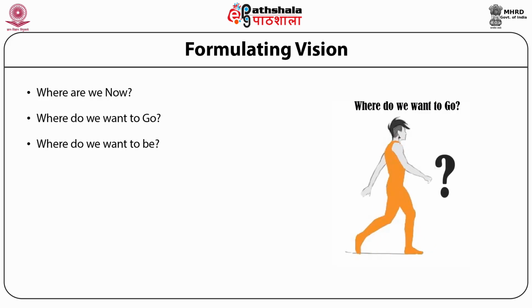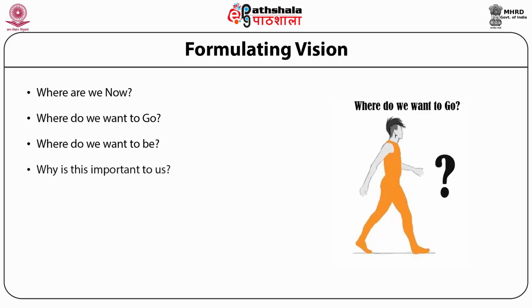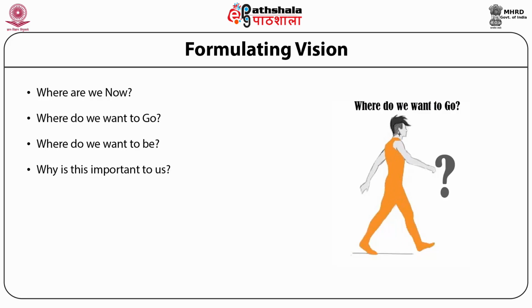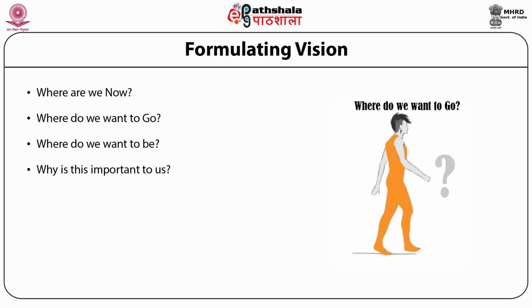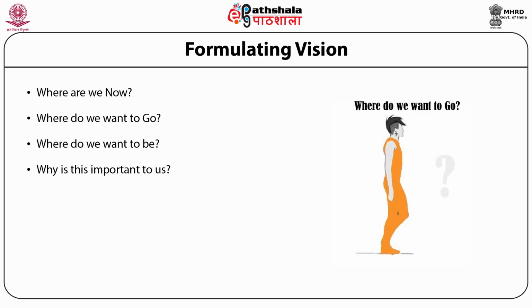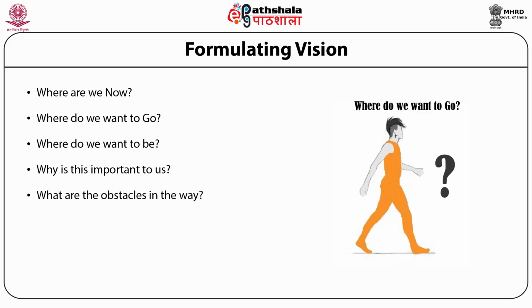Equally important is to find out the answer to why is this important to us. So if we want to reach point X or point Y, we also need to find out why it is important to us. Then find the answer to what are the obstacles in the way, what actually prevents us from reaching there.